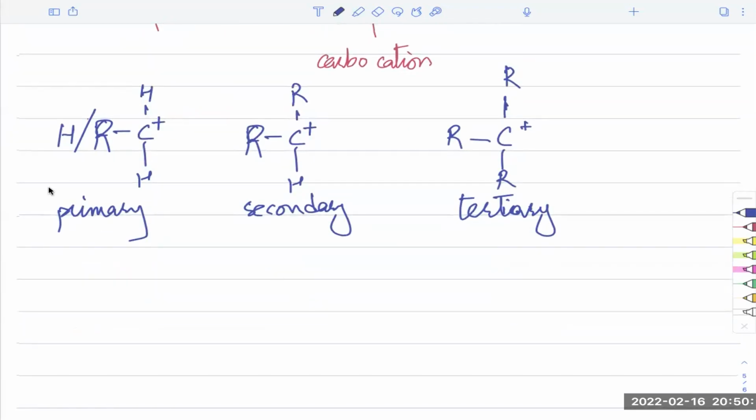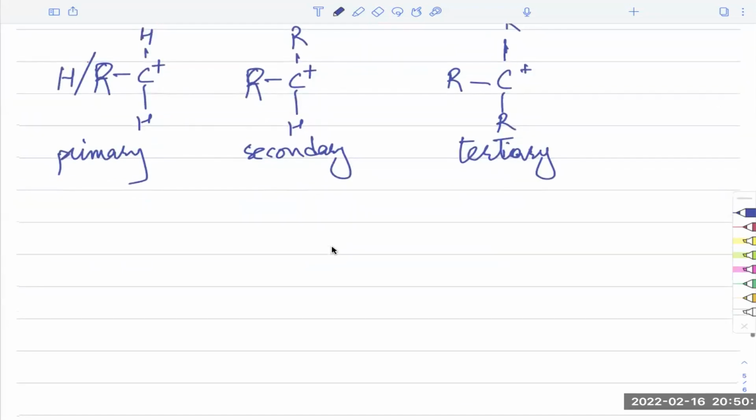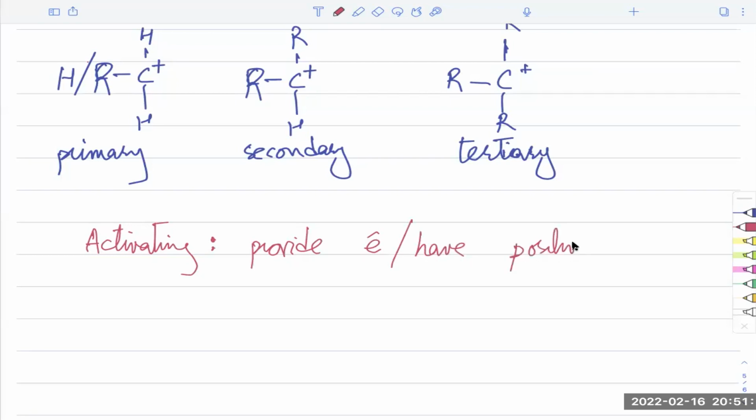Primary, secondary, tertiary. Now I'm going to give you another term. Any organic species, or even inorganic species, everything that's attached to carbon can be divided into 2 categories. We call some of them activating groups, and these are usually the ones that provide electrons. And obviously, if something provides electrons, what charge does it get? Positive. So we say they have a positive inductive effect.